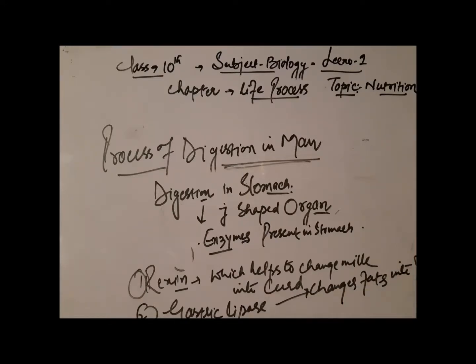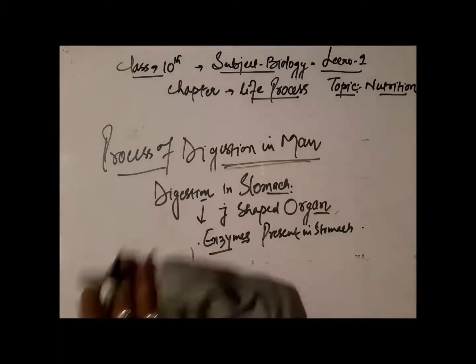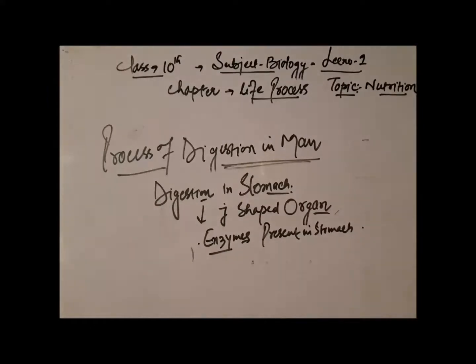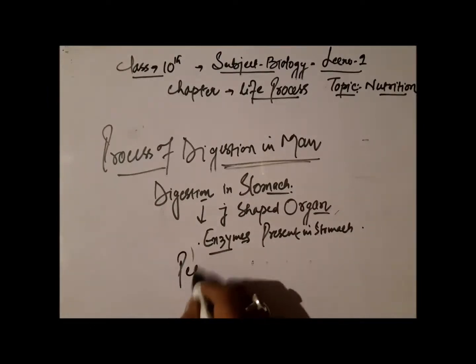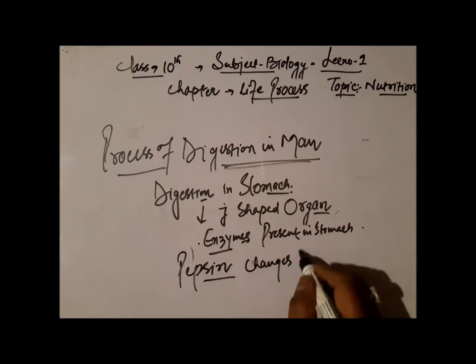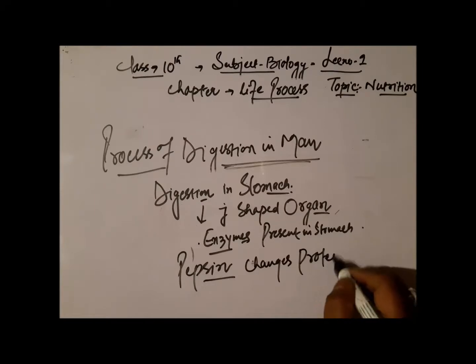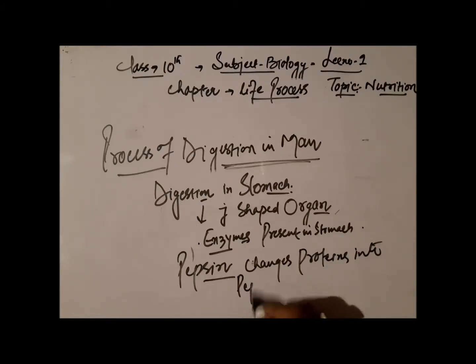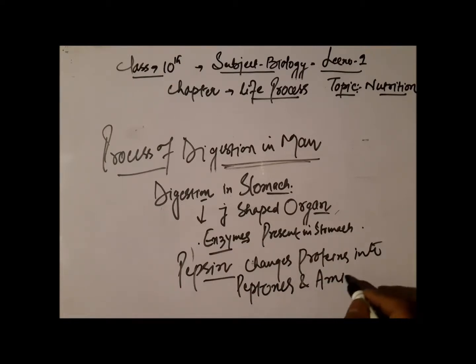Number three enzyme is pepsin, which changes proteins into peptones and amino acids.